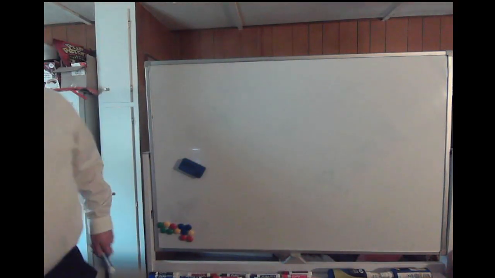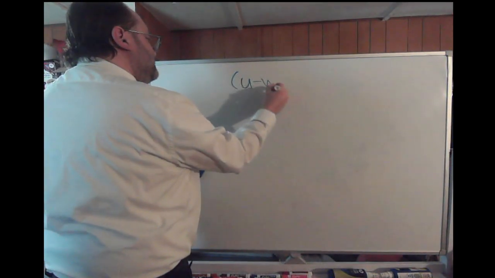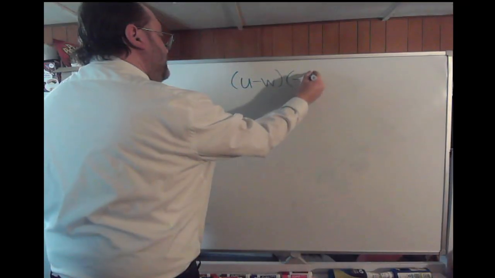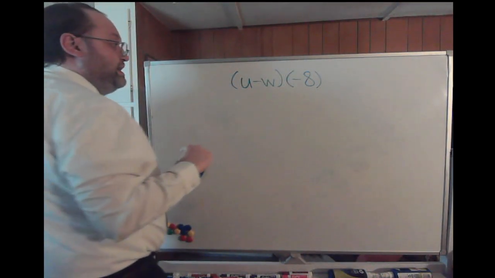See if I could do one more. Alright. We have u minus w times negative 8. So we got u minus w, that quantity, times negative 8.